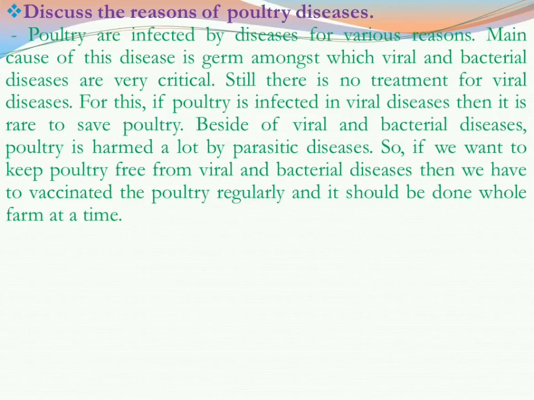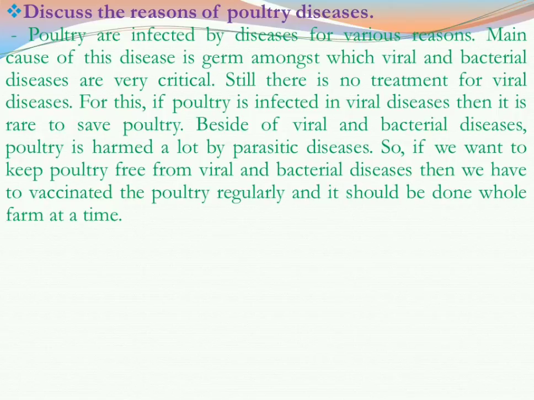Besides viral and bacterial disease, poultry is harmed a lot by parasitic diseases. That means not only viral and bacterial diseases, they are also infected by parasitic disease. So if we want to keep poultry free from viral and bacterial diseases, then we have to vaccinate the poultry regularly, and it should be done for the whole farm at a time.